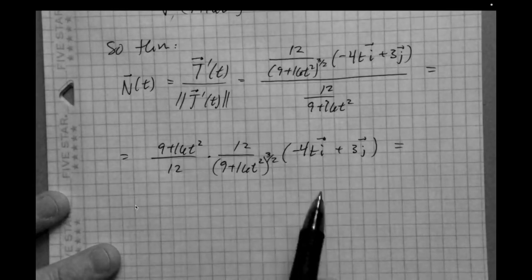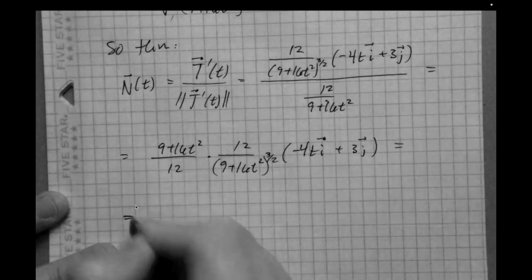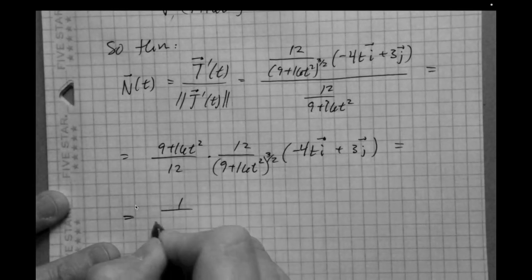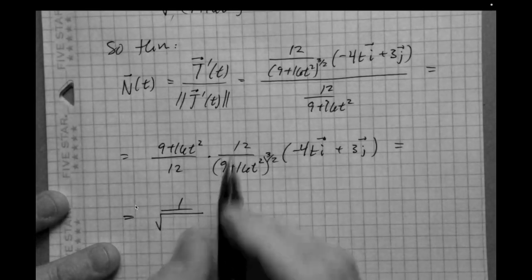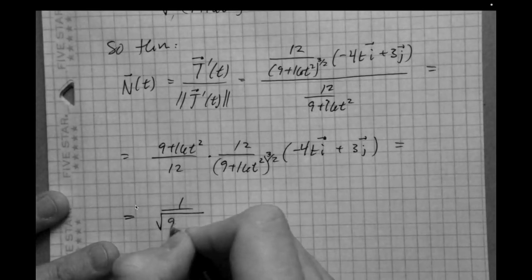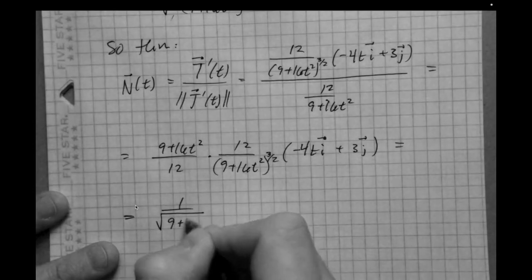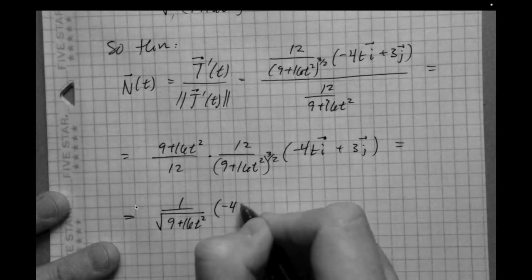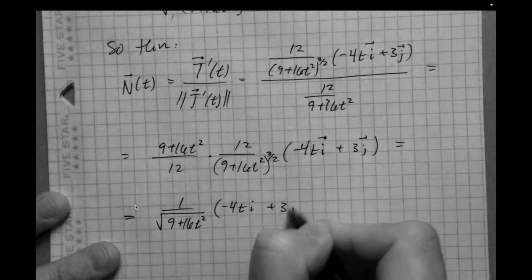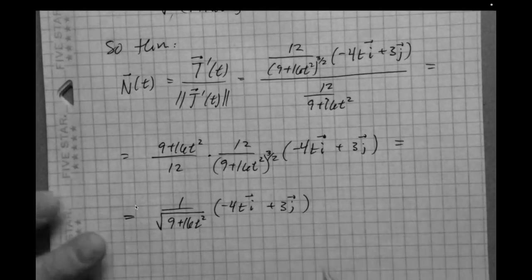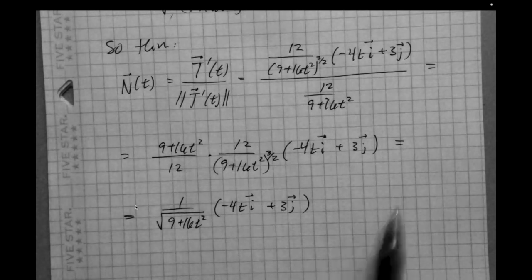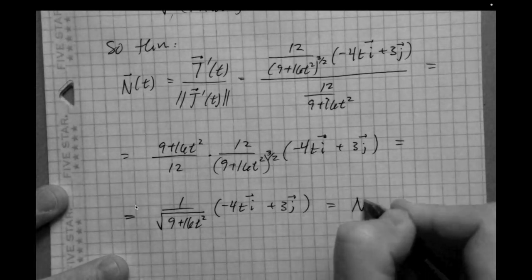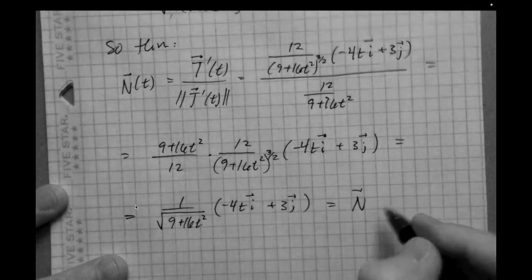And what are you left with? Well, you're left with 1 over just the square root of 9 plus 16t squared times this vector. There it is. And so this is the principal unit normal vector.